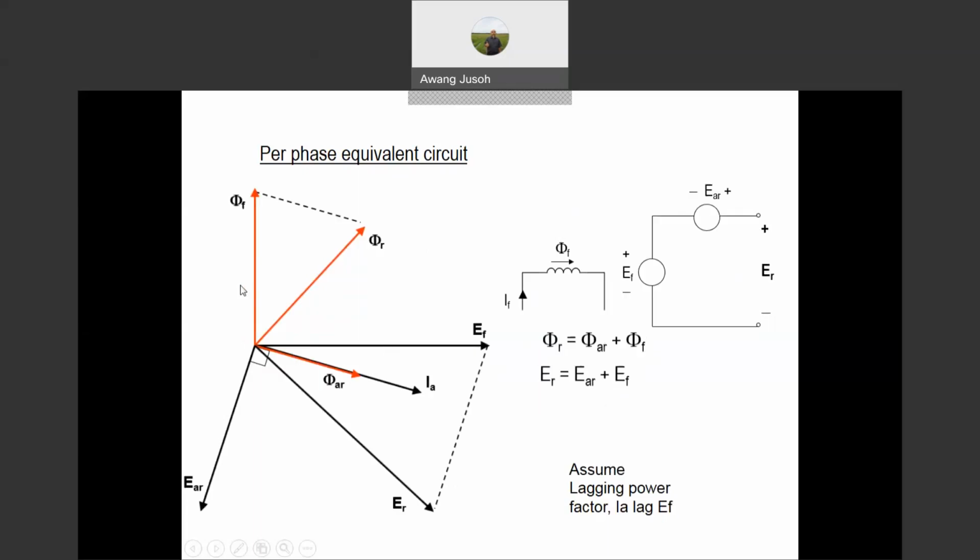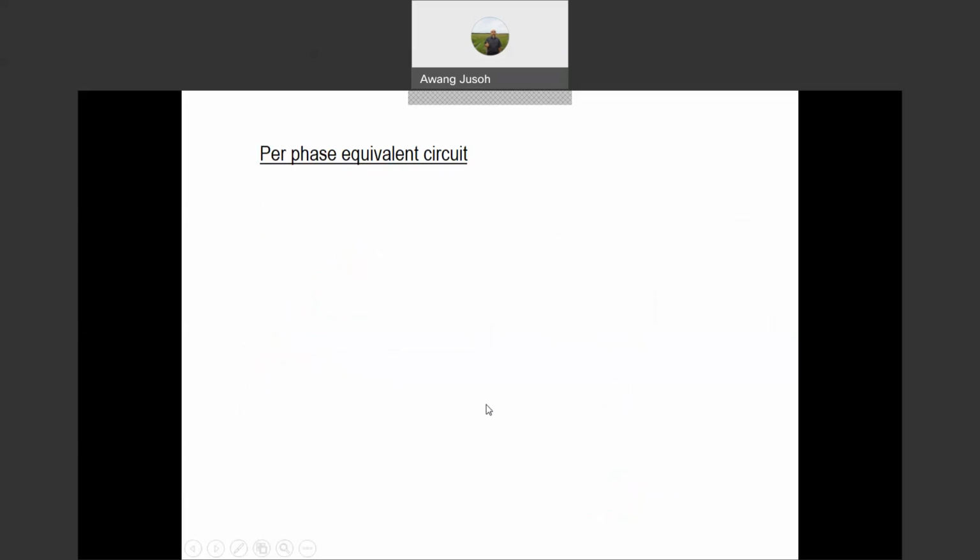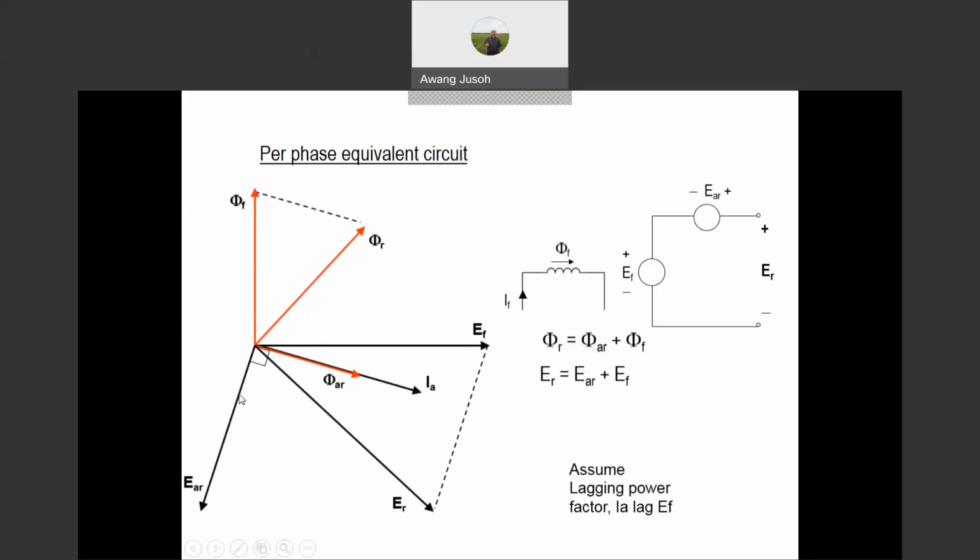Now we modify this phasor diagram. Now what I'm going to do is, we took EF as a reference, and now we redraw using EAR as reference. EAR we know just now is the voltage at the stator due to armature reaction. So you just swing this diagram clockwise.